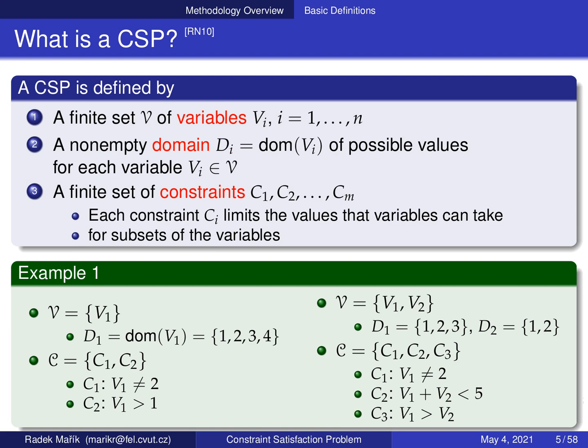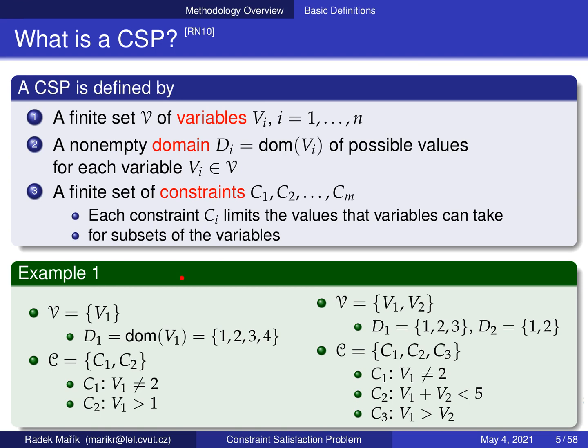Domain Di for variable Vi. And we have a set of constraints C1 to Cm, and each constraint uses a subset of variables to describe limitations for the values of those variables.